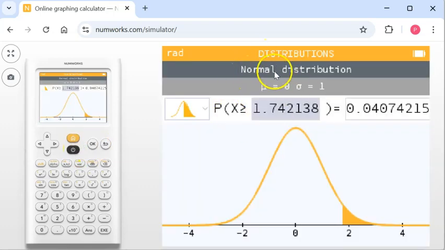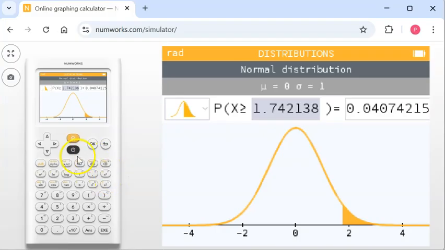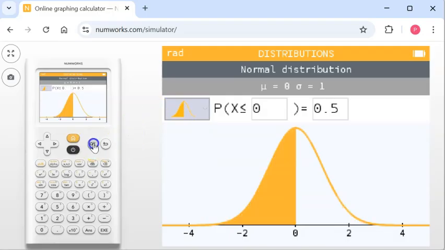We're still in the normal distribution, but this question is saying below 95. Below 95 means that we want to switch this to a below. We need a left tail test. That's going to be the left shading.